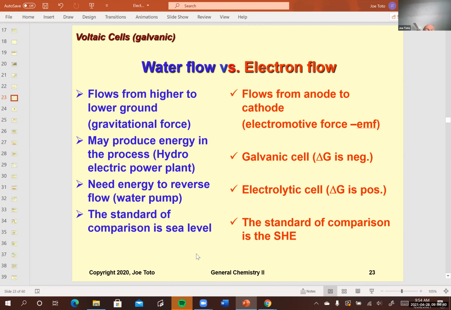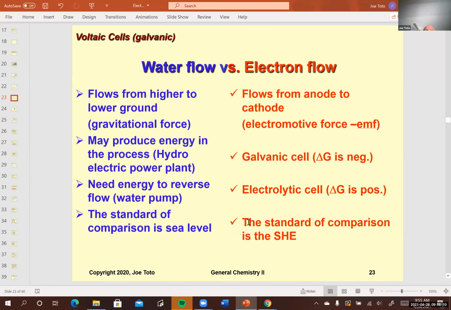But it doesn't matter if you pick the same standard. Then I know that this mountain is 9,000 feet compared to sea level, and this other mountain is 8,000, so I know that the difference between the two mountains is 1,000 feet in elevation. And it's the same thing with electrochemistry and these voltaic cells.